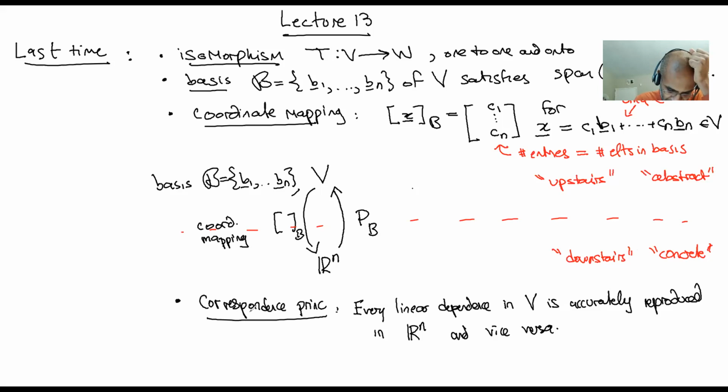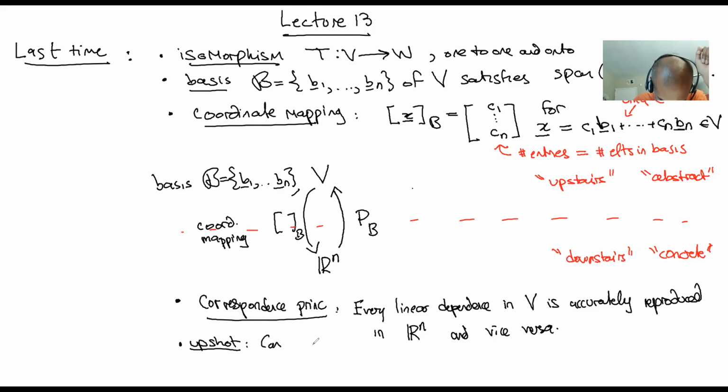What this correspondence principle does is tell you that once you have a basis above, you can turn everything that's happening upstairs into something that's happening downstairs. The upshot of all of these things together is that you can solve problems in V by turning them into problems in Rn.